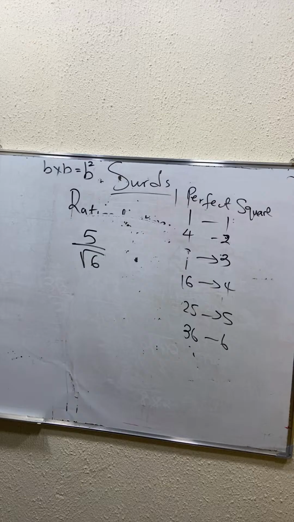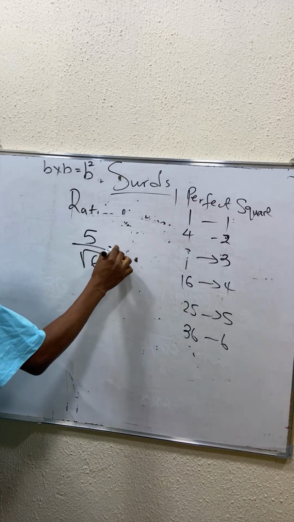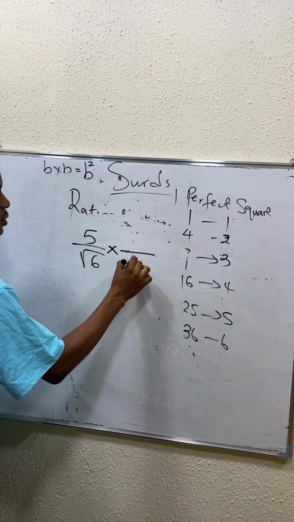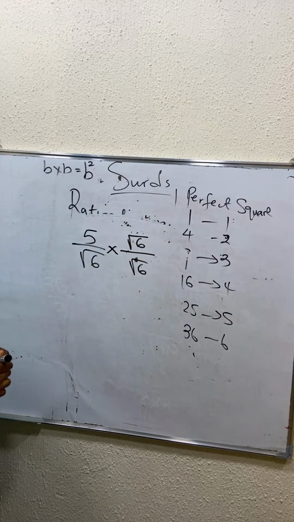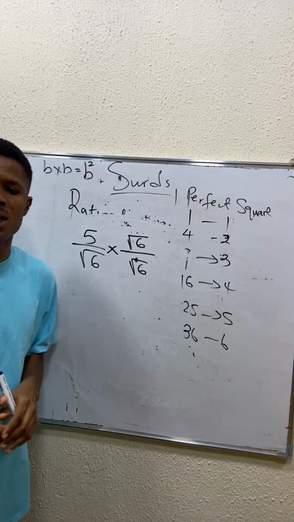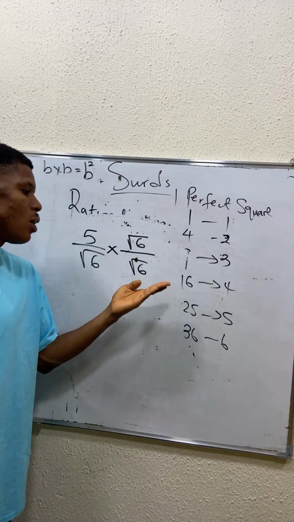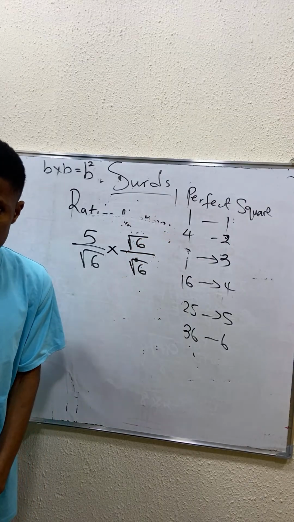Okay. To rationalize this sum, it is very simple. I have to multiply the denominator by the irrational part, root 6, and also multiply the numerator by root 6. The reason for the multiplication is just to make the denominator a perfect square. The reason why we multiply both numerator and denominator is to maintain equivalency.